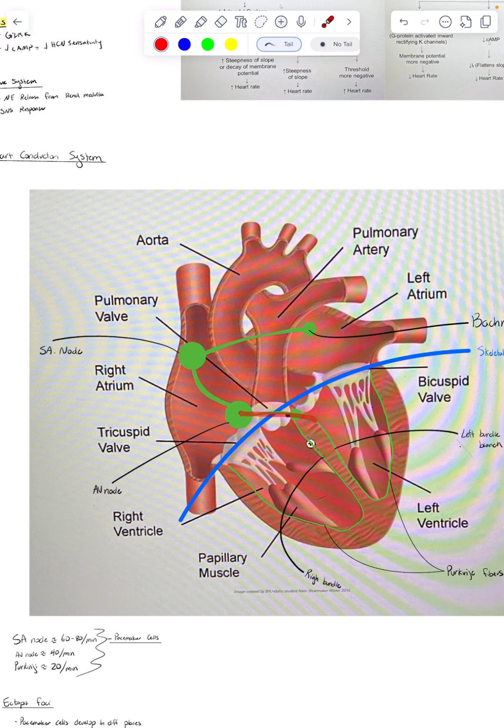The AV node sends a signal to the bundle of His. The bundle of His then sends signals to the left and right bundles. The left and right bundles each have Purkinje fibers that send it the rest of the way through the ventricles. I just wanted to give you a little bit of anatomy so that when we do something later, it'll make a lot more sense.